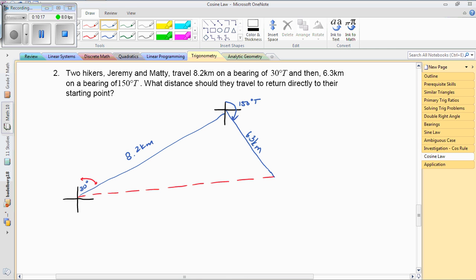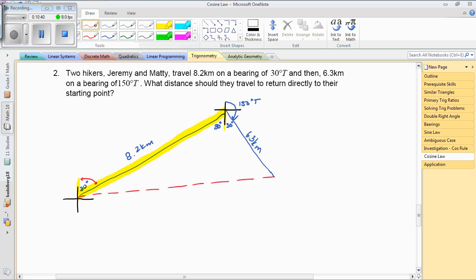Now, what you do know is that because of the Z angles, does everybody see the Z here? Look, I'm going to highlight it here in yellow. Because of the Z, I can say that this is 30 degrees. If this is 150 degrees, then this here is also 30 degrees.